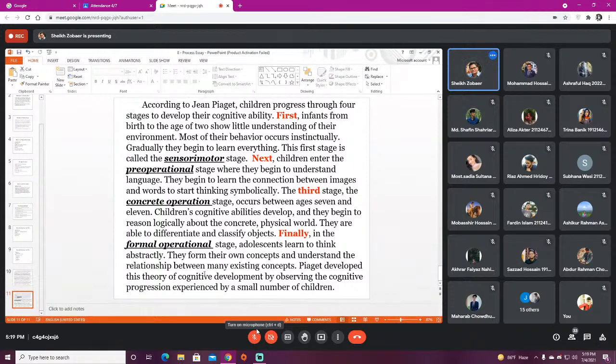Okay, so you can analyze it and write a paragraph or an essay or even a book about these stages of development. So no matter whether you're writing a paragraph or an essay or even a book, that will be informational. Okay, so that is the difference between informational and directional process essay. All right, is it clear to you?